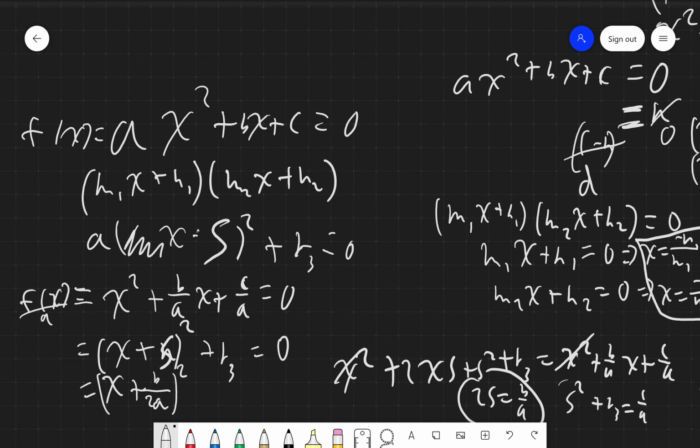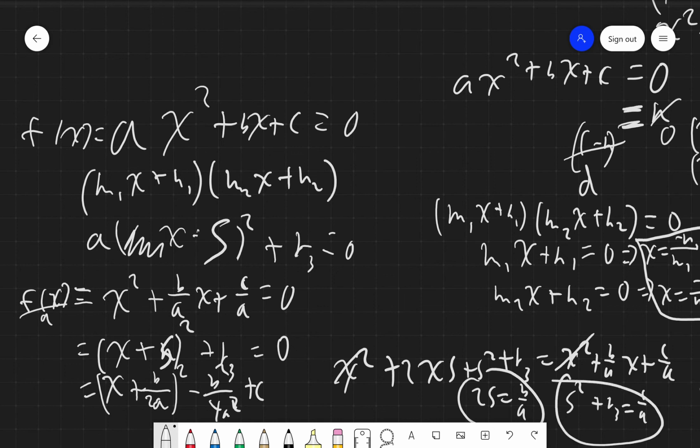We can't just add that out of nowhere. We need to subtract it too. So we're going to subtract b squared over 4a squared, and then we're going to have our normal c now. So now r3 equals this. We can check that here.